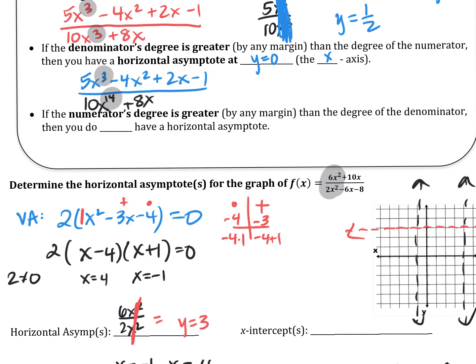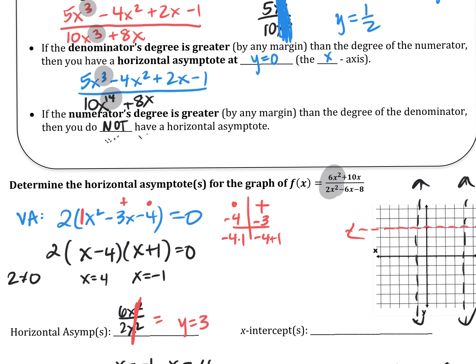If the numerator's degree is bigger by any amount, then we do not have a horizontal asymptote. And I'm just going to write in what Danny Main just wrote up for us. Danny Main said, okay, what if we just had something like this?